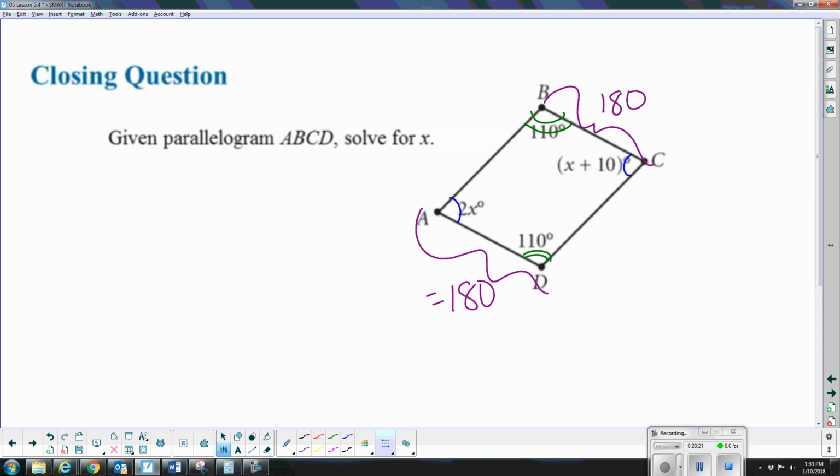And we also know that it's a quadrilateral, so all four of those angles are going to add up to 360 degrees. So let's just start first with opposite angles are congruent.